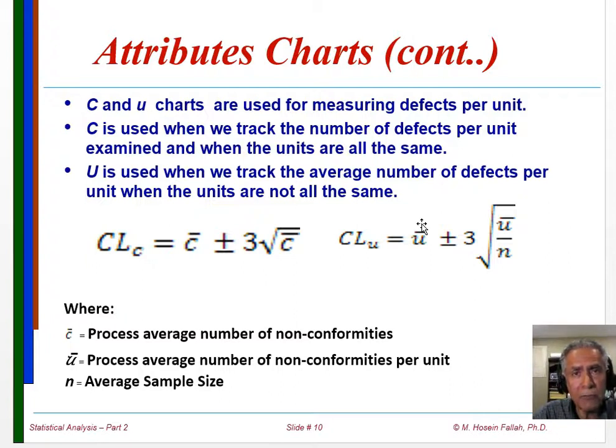In that case, we're counting defects and we're going to calculate it per average unit, because the units are all of different sizes. In that case, we're using a U chart. And again, the formula is very similar, except that here we're using the U bar divided by n to get essentially an average n.